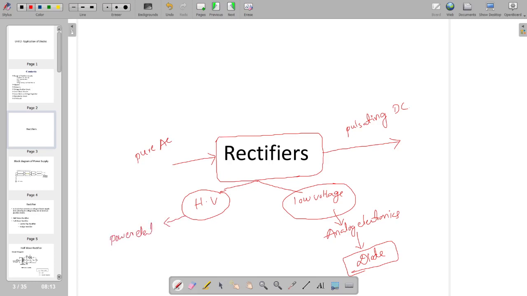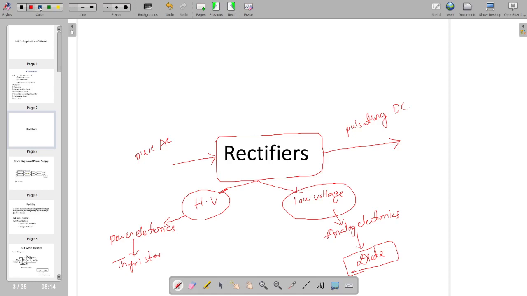Here we use a thyristor as the device to convert AC to DC in the rectification process. This classification is based upon the operating voltage.